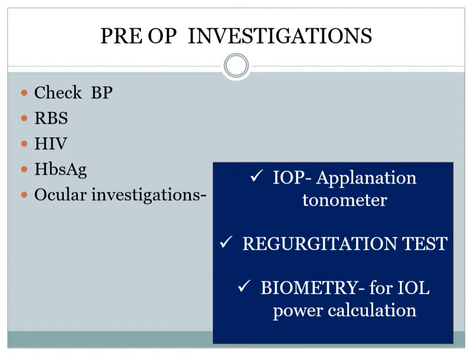So there will be something called expulsive hemorrhage, which is a very dreaded intraoperative complication. So to avoid that, you should always see that a person's blood pressure is under control before taking him up for cataract surgeries. Okay, for any other ocular surgery for that matter.